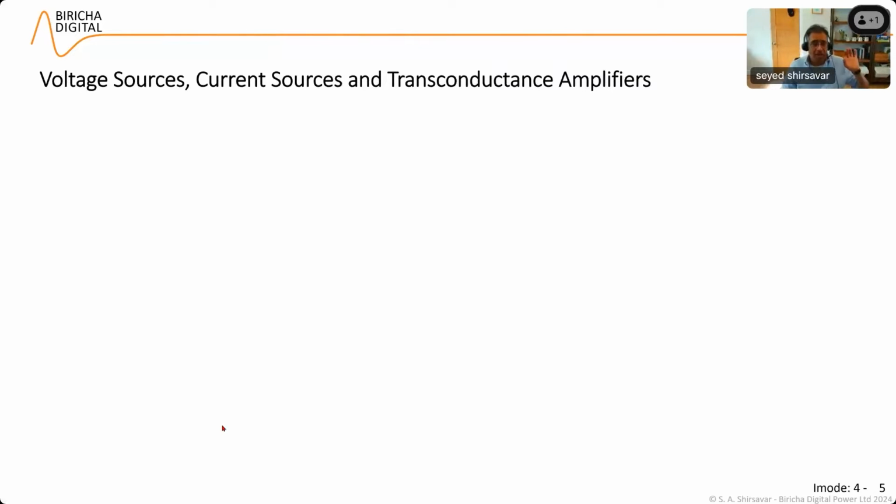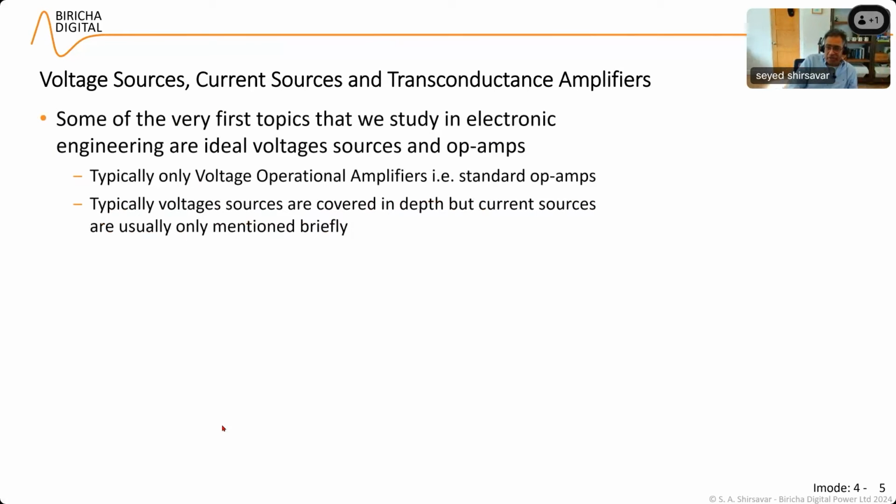Before we go on, a quick word about voltage sources and current sources. Many of you are experts, so I apologize to those of you who have known this stuff for many, many years. However, it's one of the first topics that we study at university, but we don't concentrate on the current bit very much.